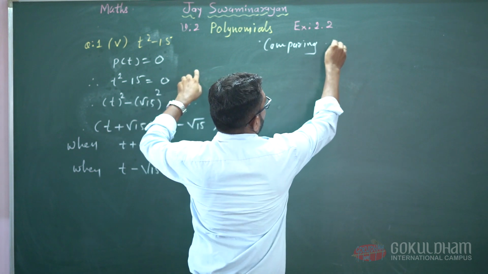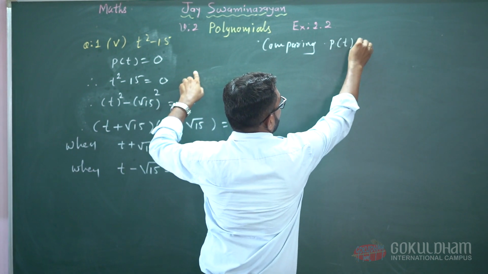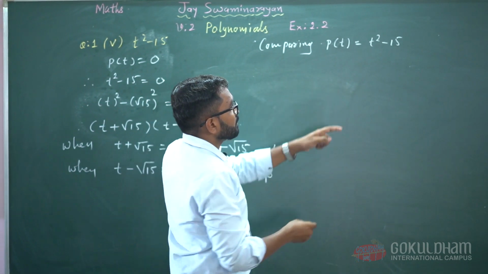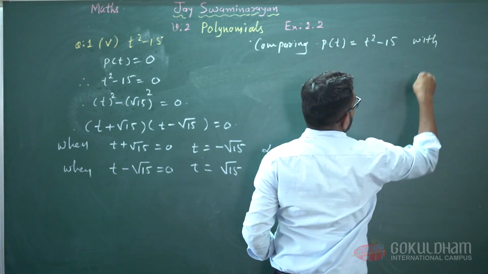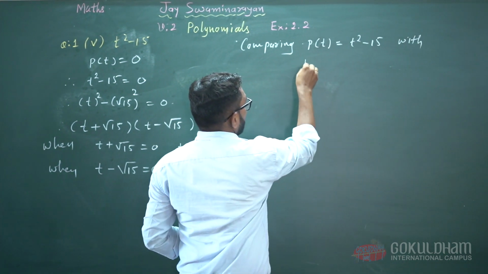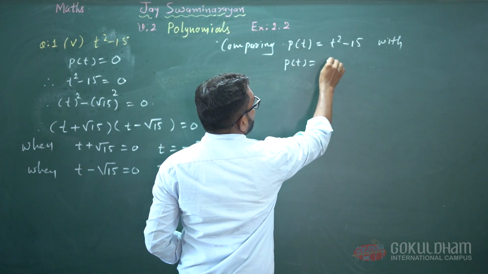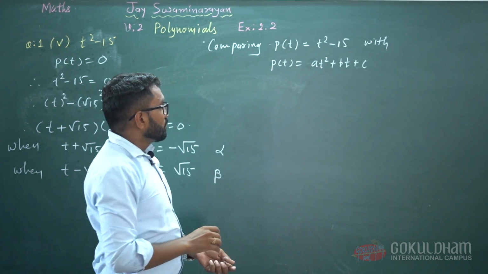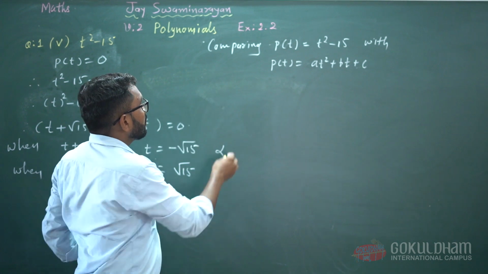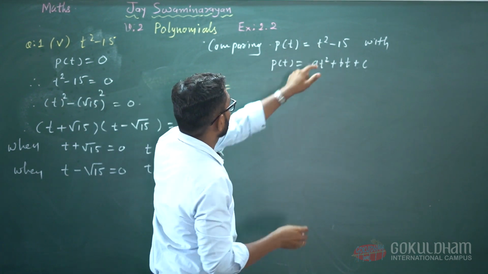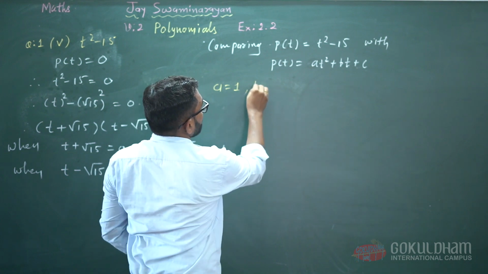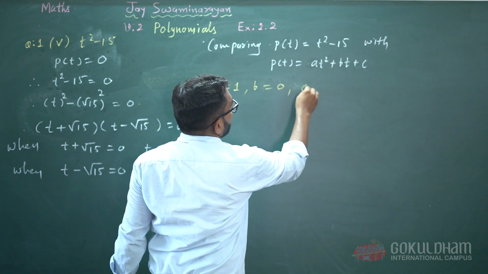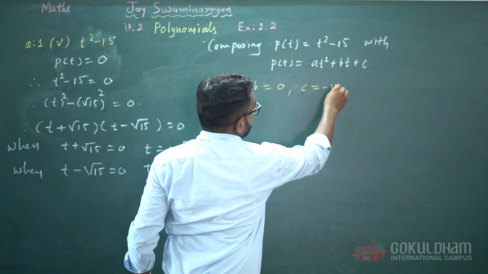Comparing p of t, the polynomial given as t square minus 15, with our general equation a t square plus bt plus c, we find the coefficient a equals 1, b equals 0 because the middle term is not given, and the constant term c equals minus 15.